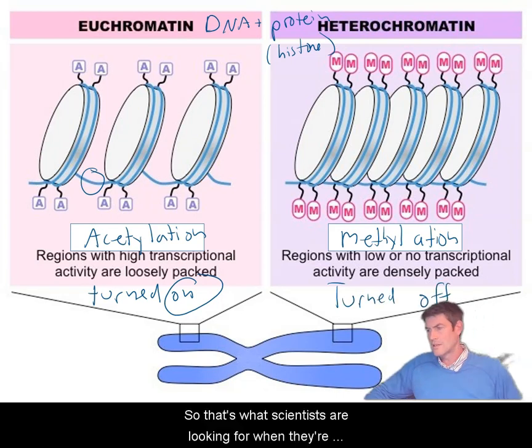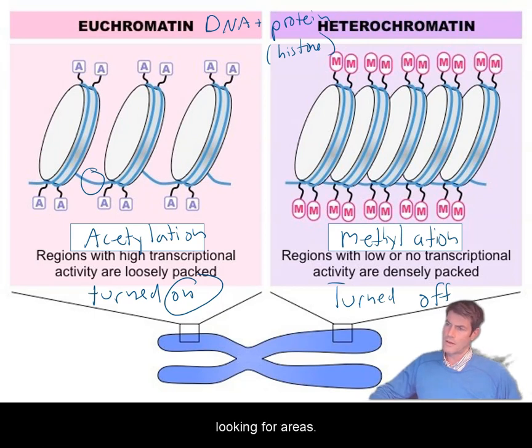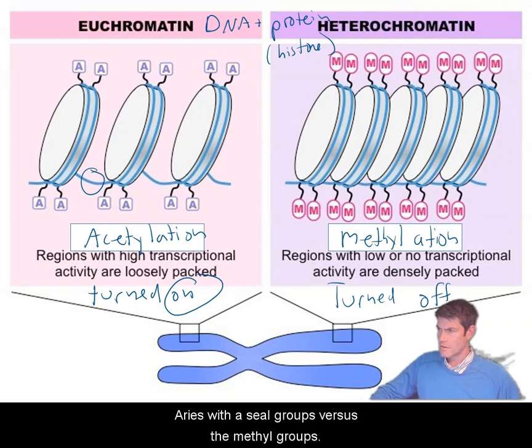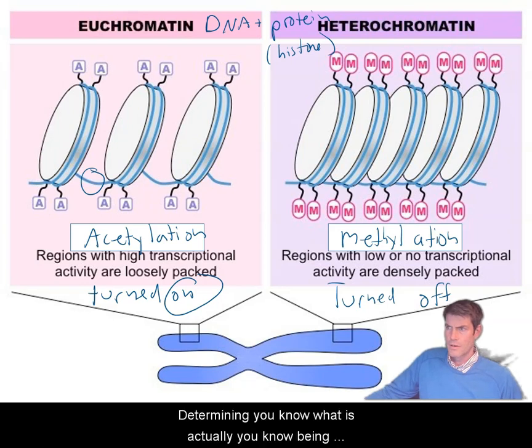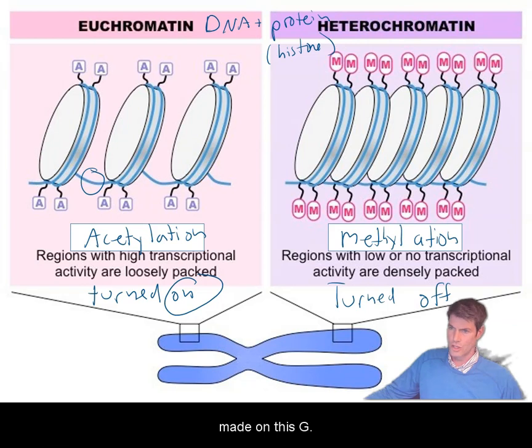So that's what scientists are looking for when they're looking for areas with high gene activity. They're looking for these areas with acetyl groups versus the methyl groups, determining what is actually being made on this gene.